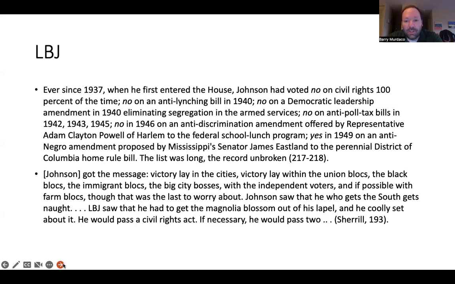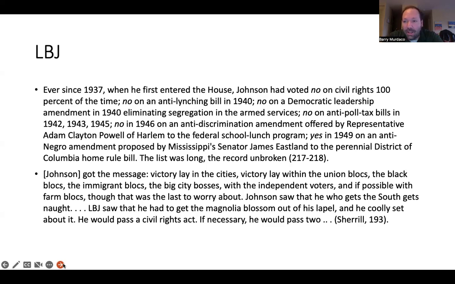No on an anti-lynching bill in 1940, no on a Democratic leadership amendment in 1940 eliminating segregation in the armed services, no on anti-poll tax bills in 1942, 1943, 1945, no in 1946 on an anti-discrimination amendment offered by Representative Adam Clayton Powell of Harlem to the federal school lunch program. Yes, in 1949 on an anti-Negro amendment proposed by Mississippi's Senator James Eastland to the perennial District of Columbia Home Rule Bill. The list was long, the record unbroken.